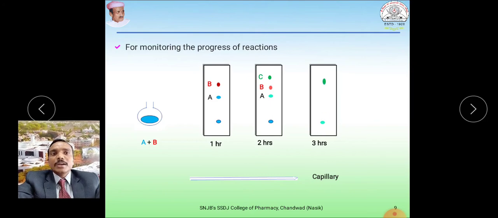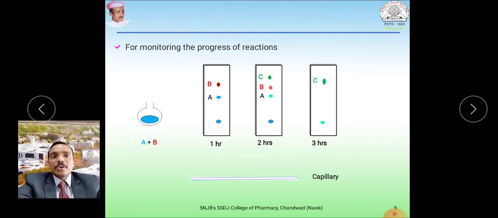So here we are now getting only one spot, that of the C product. That means we are not getting the presence of A or B. It means it is giving a product only. So all of starting material A and all of starting material B has reacted completely, and there is a formation of a new product, that is C. So this indicates the completion of the reaction, and we can stop the reaction at this time.